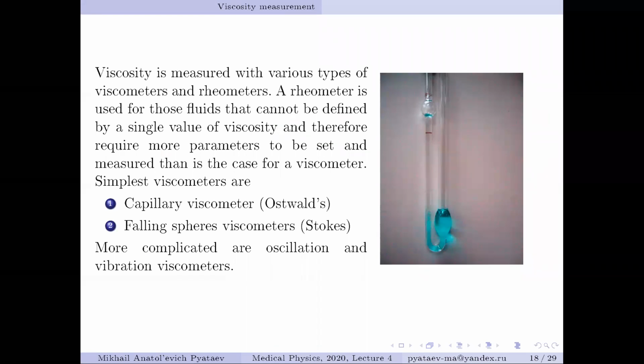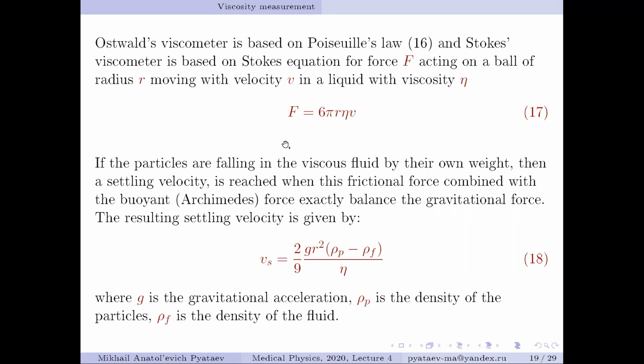This is done in one of the exercises in our laboratories. In the Laboratory of Molecular Physics, one of the exercises is devoted to the measurement of viscosity using Ostwald's viscometer. Another way to measure is the ball falling method, or falling spheres method. It is based on the Stokes equation for the force acting on the spherical ball.